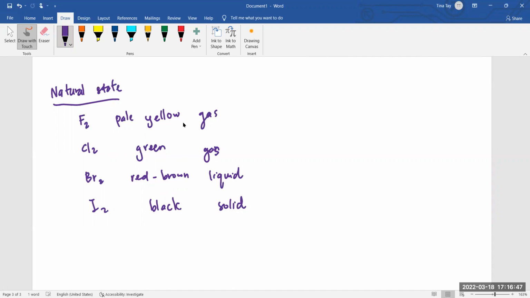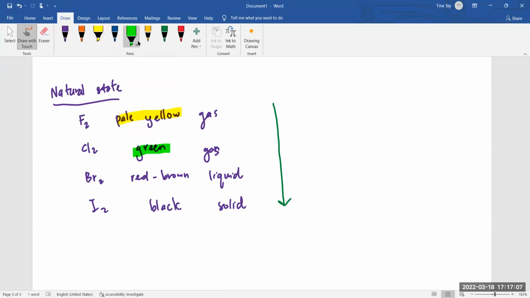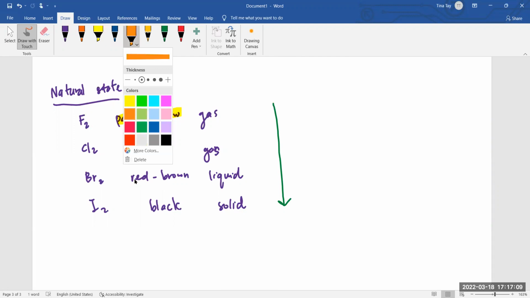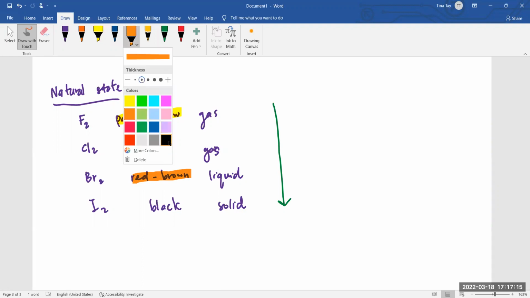So you see, as you go down, it changes from gas to liquid to solid. Can you see that? And then the color changes from pale yellow to green to orange brown, sorry, not red brown, orange brown to black.